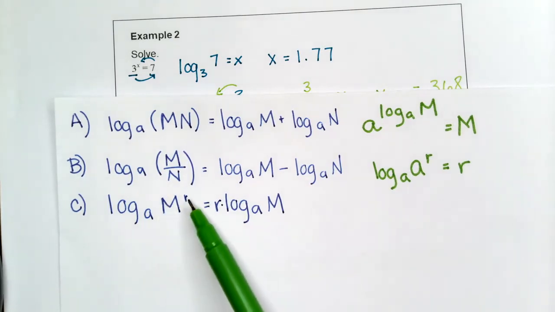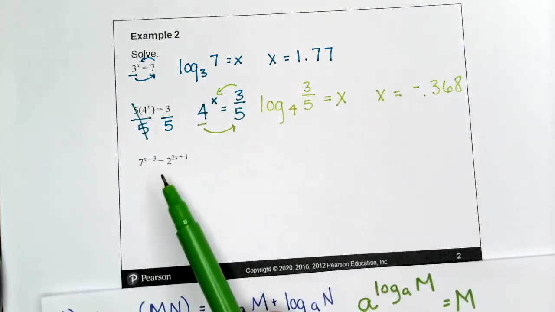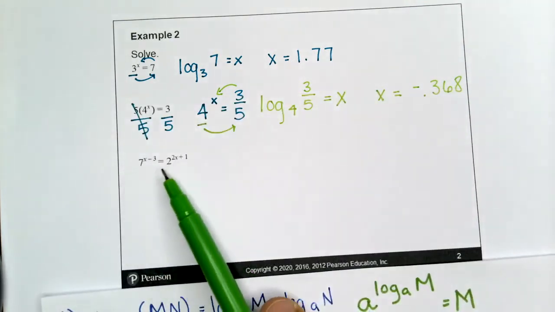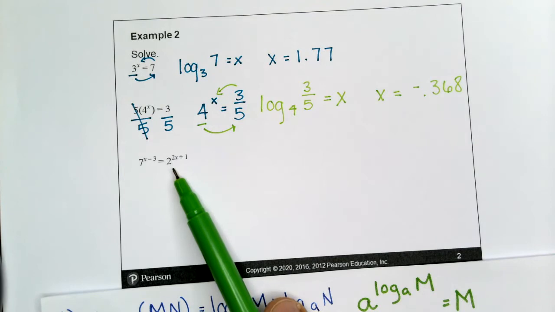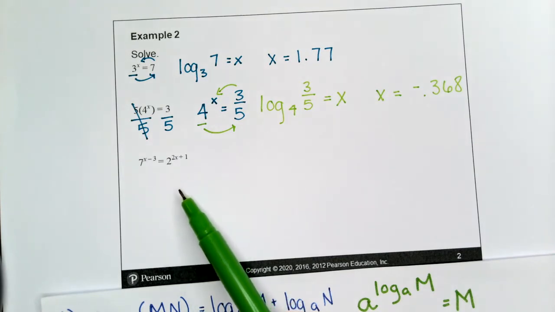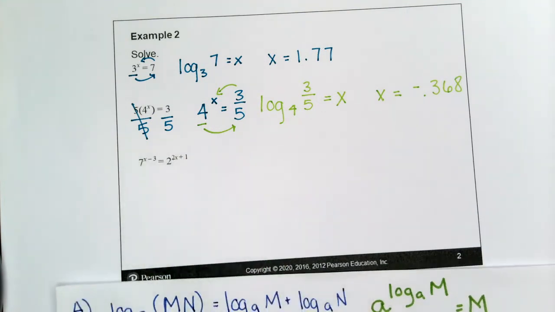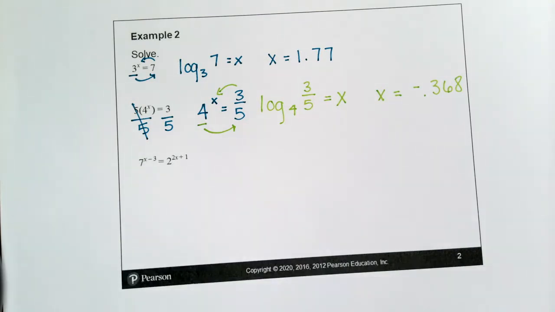If this was a log, I could take the exponent and put it in front of the log. So, and whatever I do to both sides cancels itself out, right? So I could take the log of both sides so that I can move these exponents out front, okay? It sounds crazy, but I think you'll understand by the end.